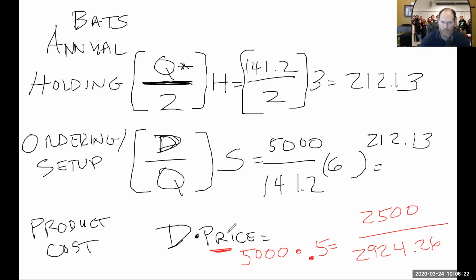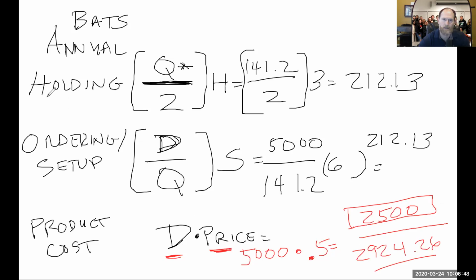In this case, AJ and Luke are paying whoever's supplying them these bats per bat. And this number here, there's no hard and fast rule here, but this number here will usually be much larger than these numbers. That's just the way it is. Usually because D is so much bigger there. So that's a way to configure this.